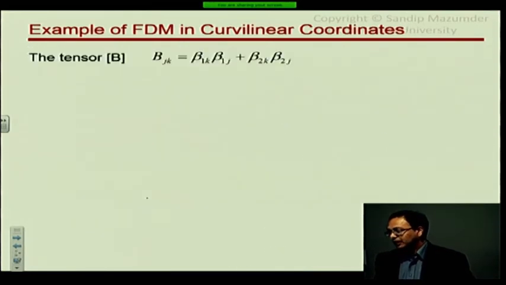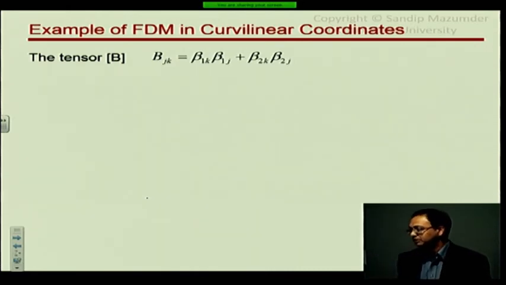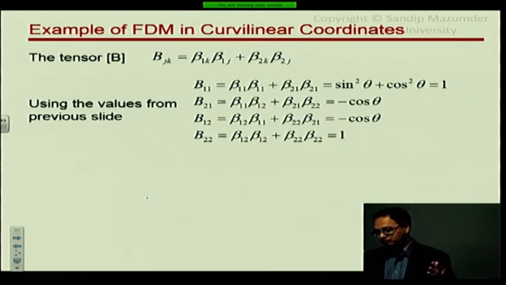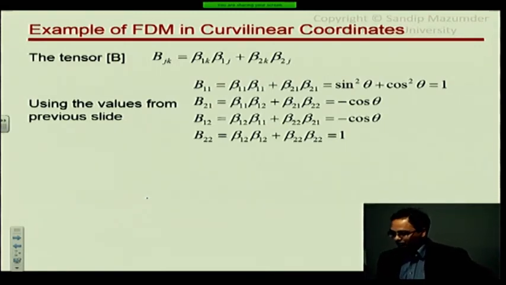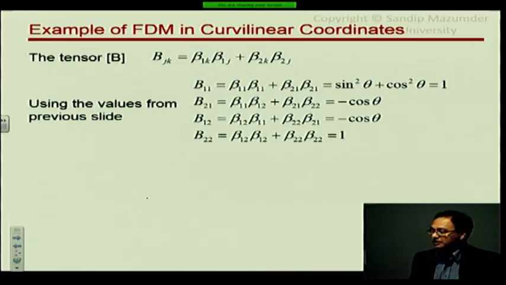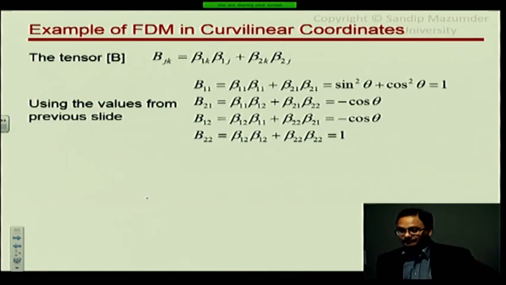So now your tensor B is given by that. Instead of 3 terms, it has 2 terms. Beta 1k, beta 1j, beta 2k, beta 2j. So I just compute them with my beta values, and this is what I get. Sine squared theta plus cosine squared theta, which is a 1. And then minus cosine theta for the 2 cross ones, and then again a 1. Okay.